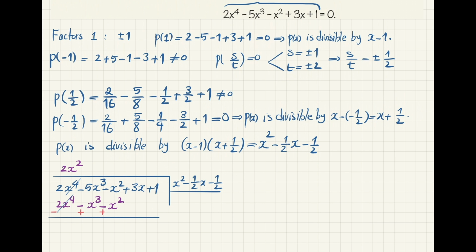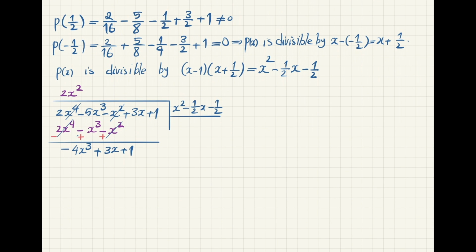This term and that term are also cancelled. So this one, I have positive x cubed minus 5x cubed, so it will give me minus 4x to the 3. And then I will bring 3x and 1 down.